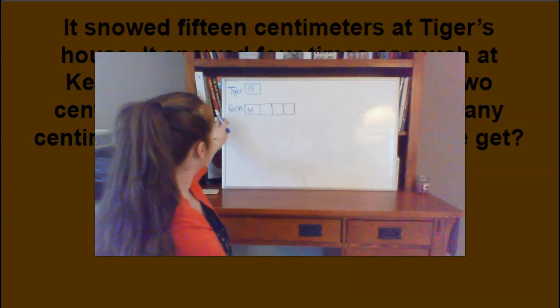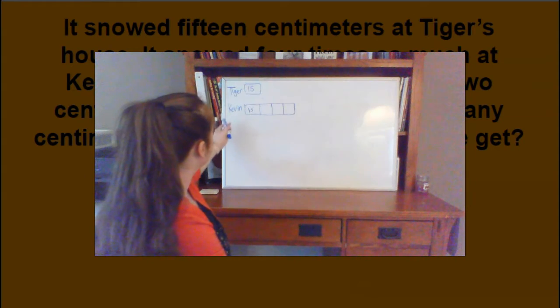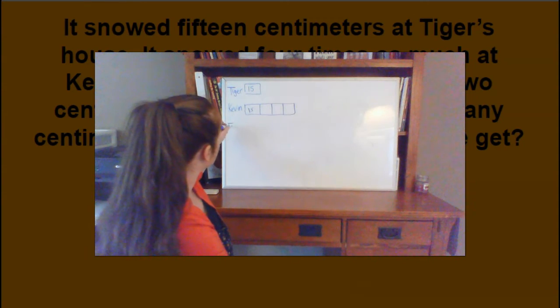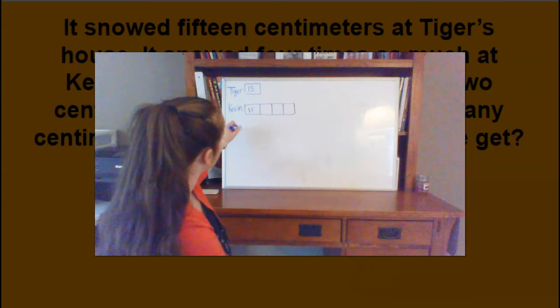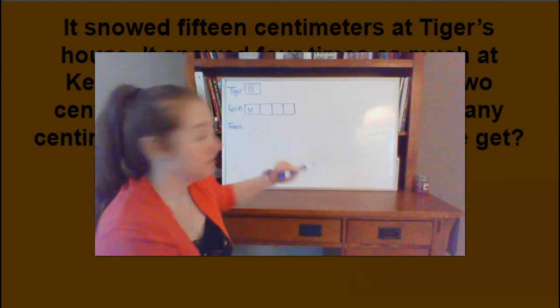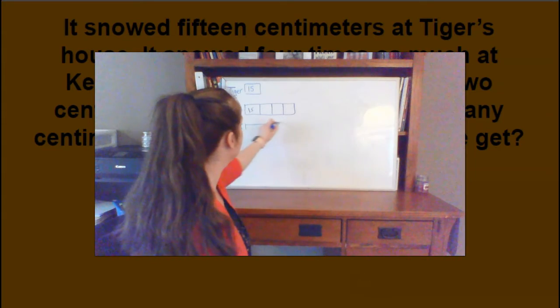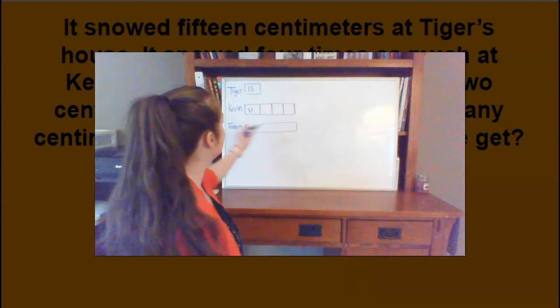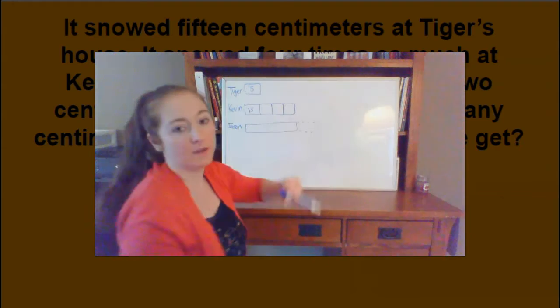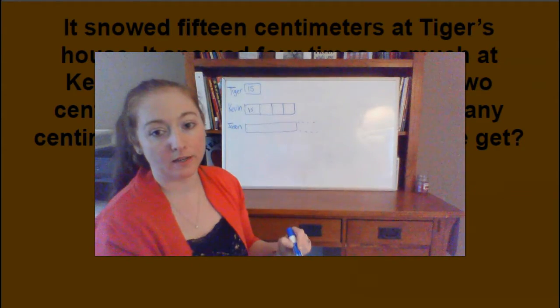Okay, and then the last part is we know that Jason's house got 22 more than Kevin. So we're going to draw the same box as Kevin's, and then we're going to do this mysterious little dotted box, which means we don't know, but we're adding on to it, okay?